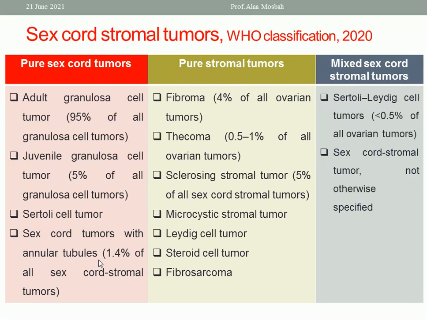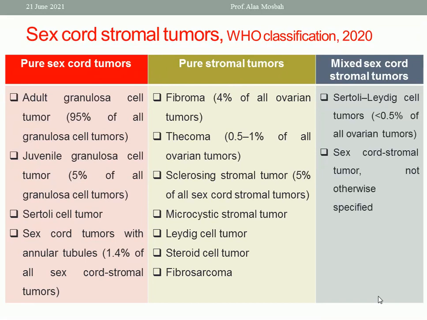The second type is Sertoli cell tumor, producing androgen, and can cause virilization. The third type is sex-cord tumor with annular tubules, constituting 1.4% of all sex-cord stromal tumors. The second big category of sex-cord stromal tumor includes pure stromal tumors. Fibroma constitutes 4% of all ovarian tumors, and this is the commonest tumor. Sarcoma constitutes 0.5 to 1% of all ovarian tumors.